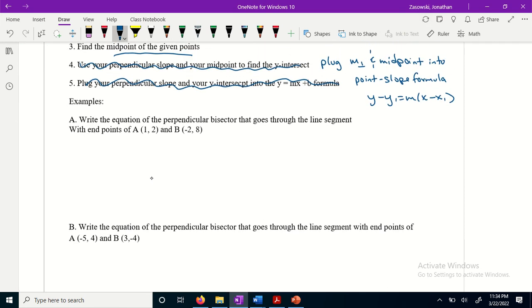So we're going to go ahead and do first things first. Number 1, we're going to find the slope. So remember our formula, m equals y2 minus y1 over x2 minus x1, it's rise over run.